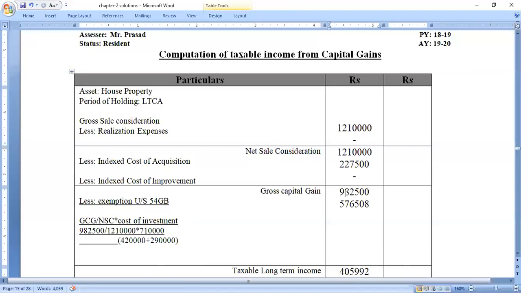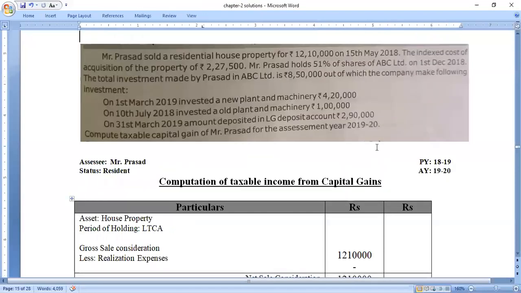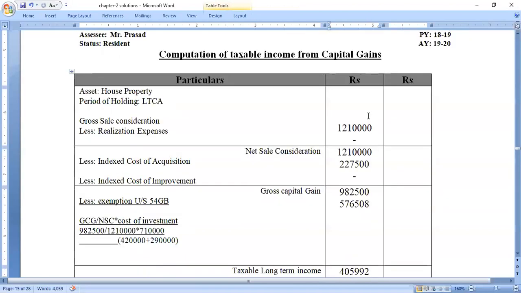So check it out. The cost of investment, they told 8 lakh 50,000, but the investment made in old plant and machinery is not eligible for exemption. So the balance amount is 4 lakh 20,000 and 2 lakh 90,000. So the value is 7 lakh 10,000.